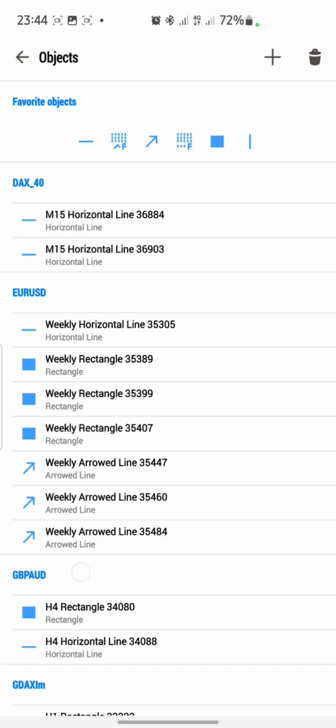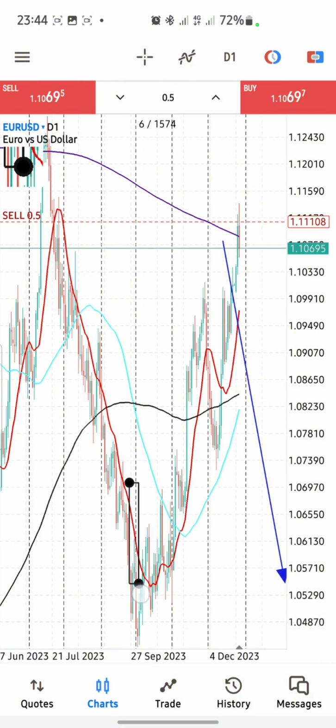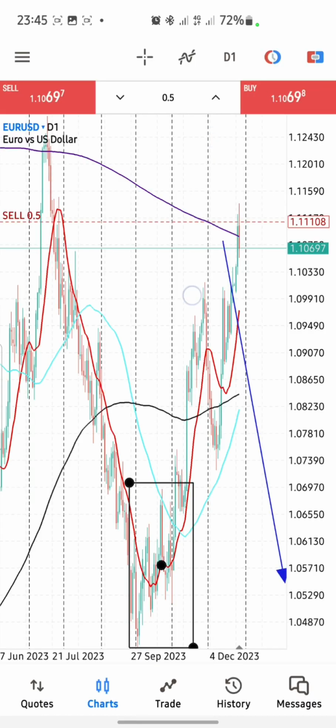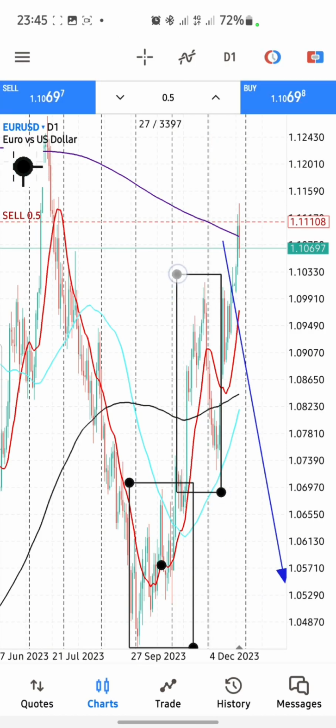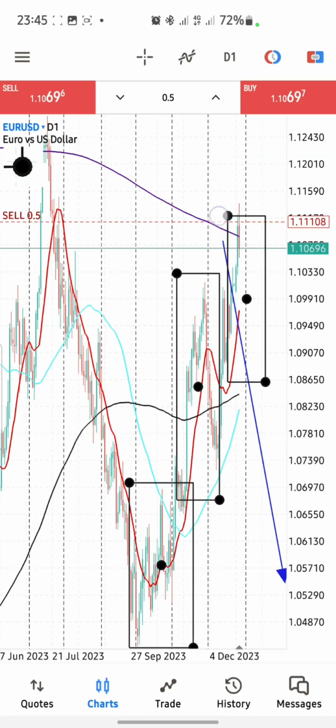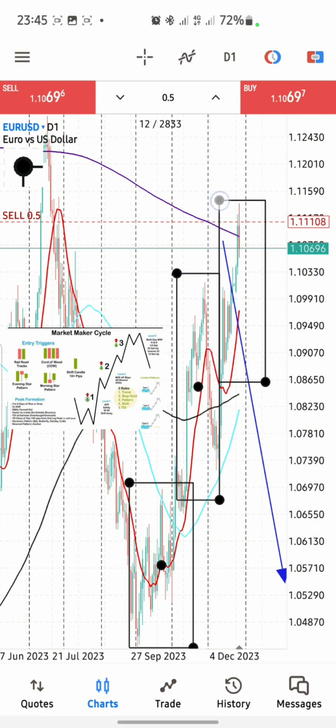So let me show you. We got the first cycle here down, and we got another cycle here, and we're having the last cycle that is there.